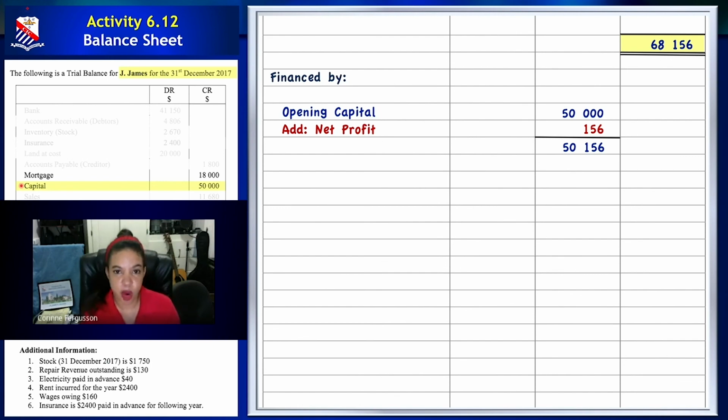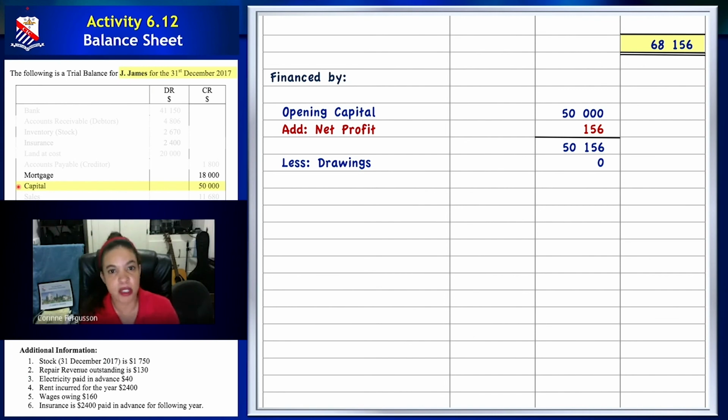50,156. Now you have one other thing that you usually do, which is the less drawings. Drawings is a decrease in capital, so you have to less it if there were any drawings. When you look here, you see there are no drawings. So you can either put 0 or you can put a dash, whatever it is. If you're just doing the format as you learned it, you're not going to lose marks if you put in drawings.